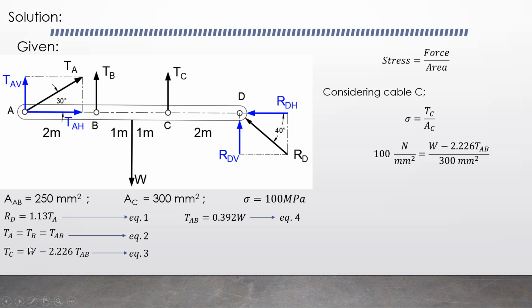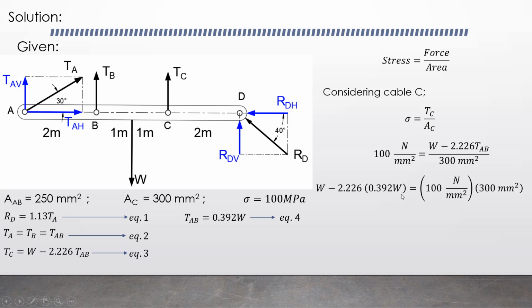So we substitute the value from equation 3, which is W minus 2.226, and then substitute the area and the stress.